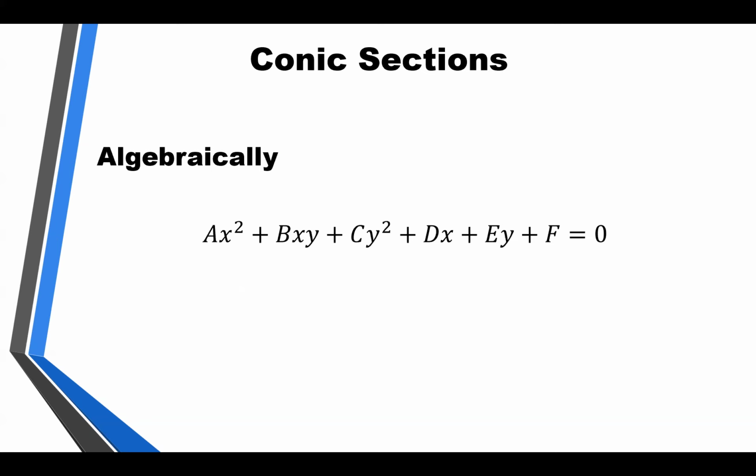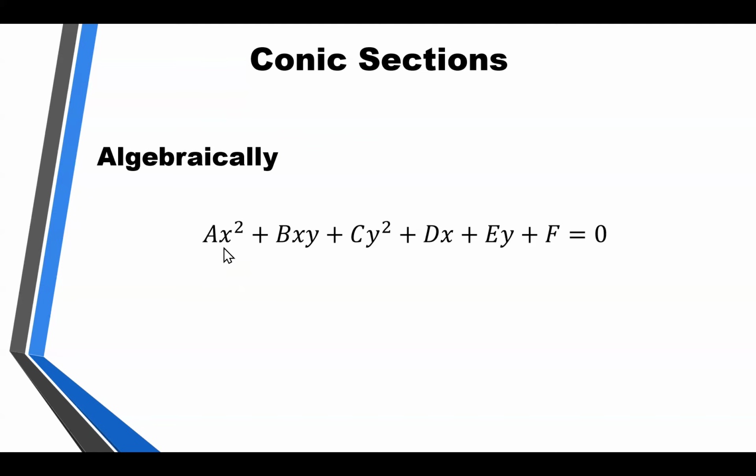They are degree 2 polynomials set equal to 0 in two variables: Ax squared plus Bxy plus Cy squared plus Dx plus Ey plus F equals 0, where A, B, C, D, E, and F are just numbers. So algebraically, they're degree 2 polynomials in two variables set equal to 0.